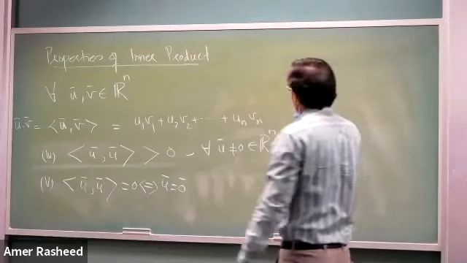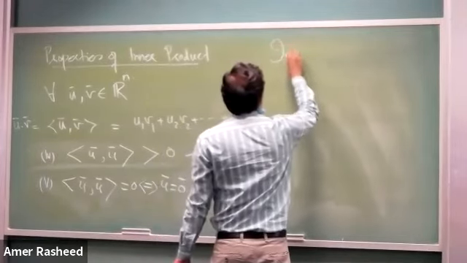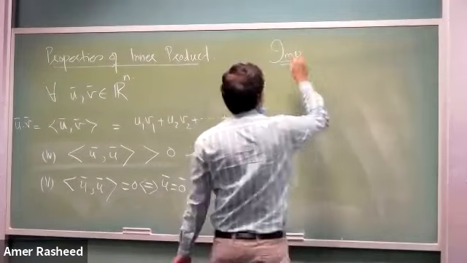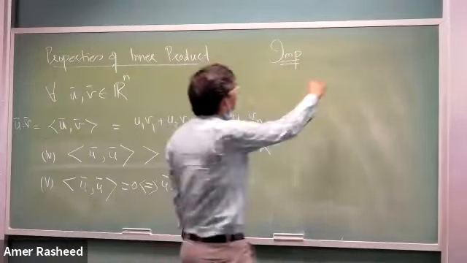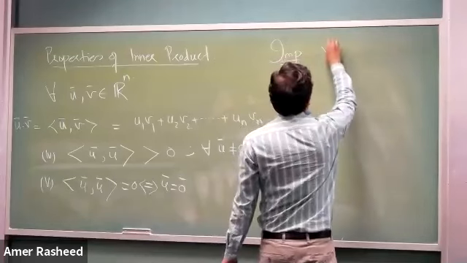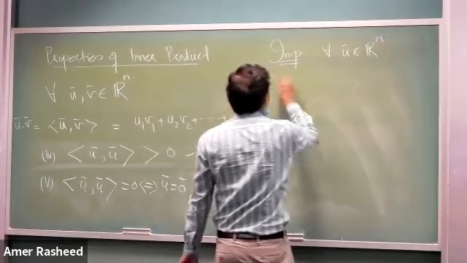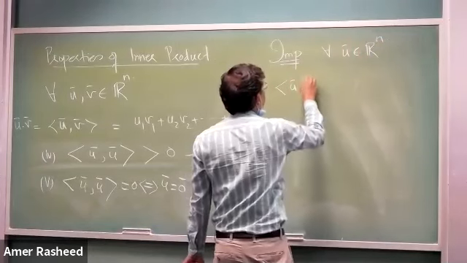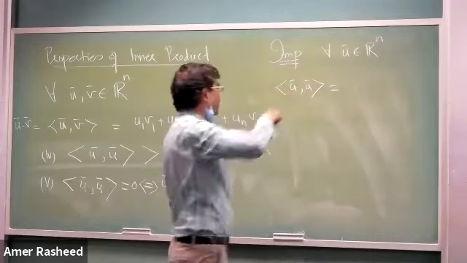Yes. The distributivity property, and before discussing that, there is a very important relation between the inner product and the norms. Now, if we choose any vector from Rn and we define its inner product with itself, what would it be according to the definition of inner product?